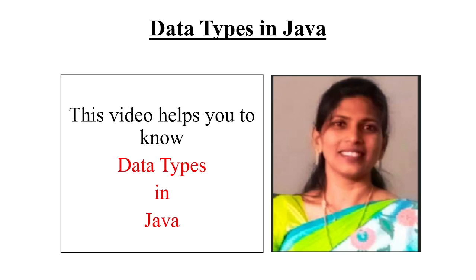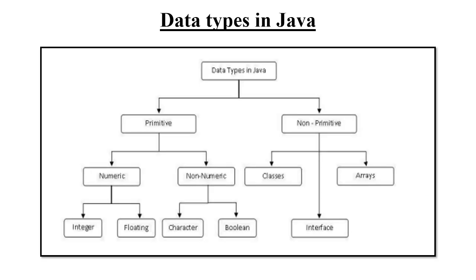This video is going to present the data types that we use in Java programming. The data types in Java are categorized into two types: one is primitive and another one is non-primitive. Under primitive data types, we can represent numeric values and non-numeric values. If you want to represent numeric values, you can categorize them as integer types or floating types.